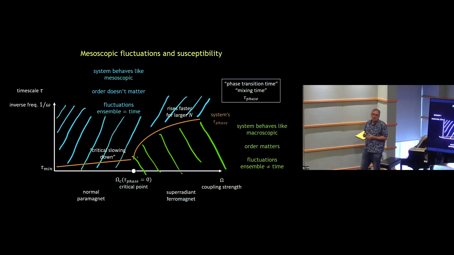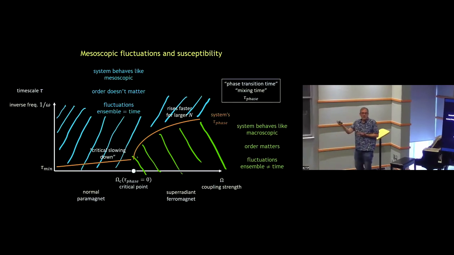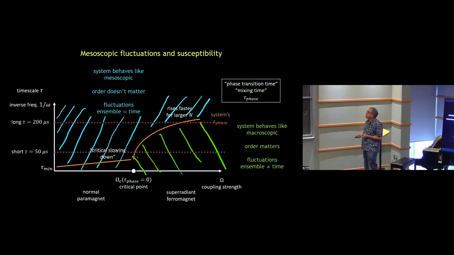But if you look over much longer time scales, long enough that the system actually mixes among its broken symmetry phases, then the system looks more like a mesoscopic system. And under these conditions, the two types of susceptibility that you measure would give you the same answer, and the two types of fluctuations you quantify would give you the same result. All right, so let's check this out experimentally.